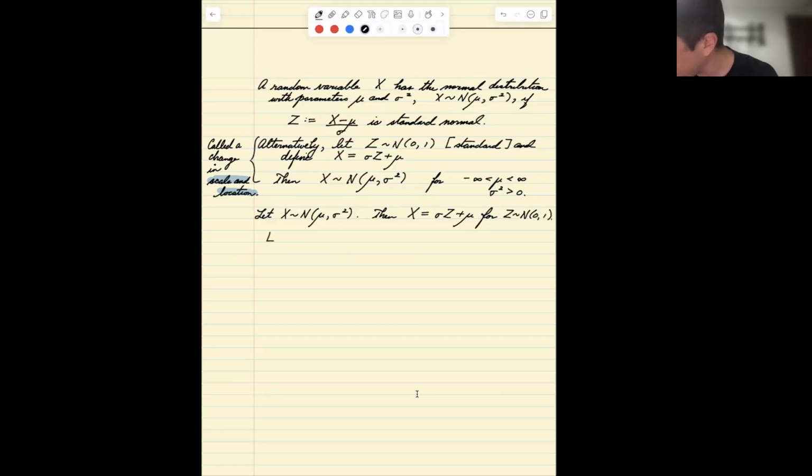From this, we can immediately calculate things like the mean and variance of x as follows. The expectation of x is equal to the expectation of sigma z plus mu.